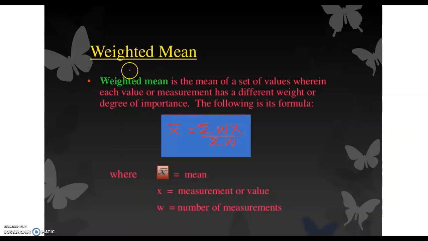The formula for calculating weighted arithmetic mean is X bar is equal to sigma wx divided by sigma w, where x bar is the weighted mean, x is the measurement or value, and w is the weight.